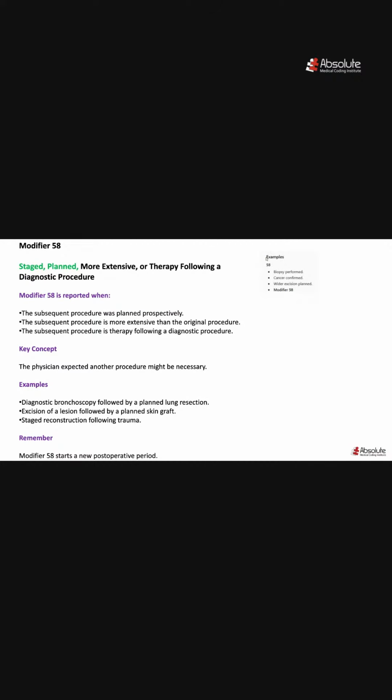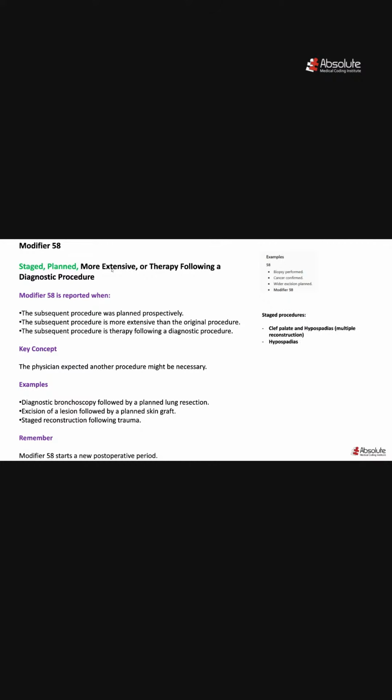Now, here are some more examples of modifier 58. The biopsy performed, cancer confirmed, a wider excision planned, all use modifier 58 because another related procedure, a planned procedure, is going to come behind these procedures.